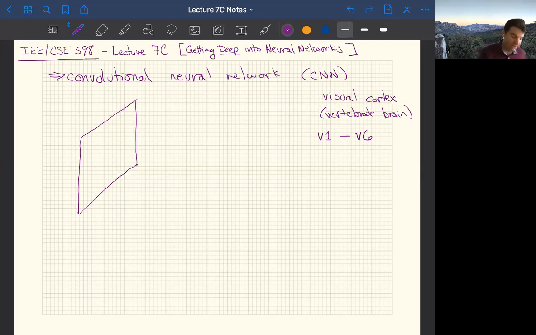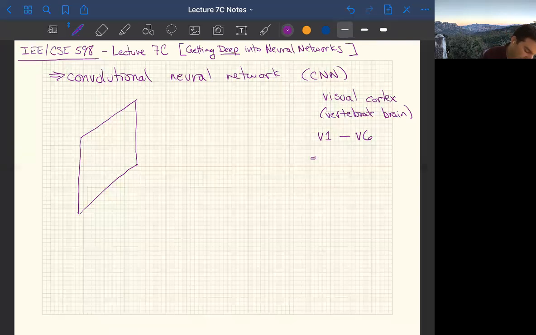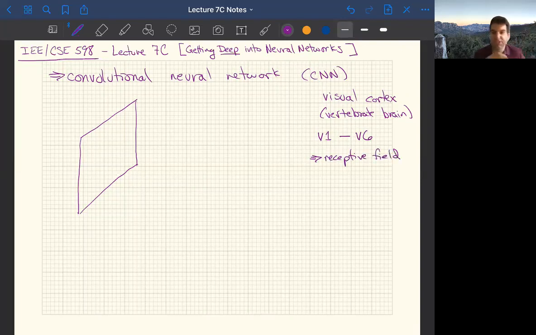And you'd also have this general pattern that each one of these regions has receptive fields. And we talked about the idea of a receptive field when we talked about radial basis function networks. They basically have to do with how much of the image tickles the particular neurons in those layers.